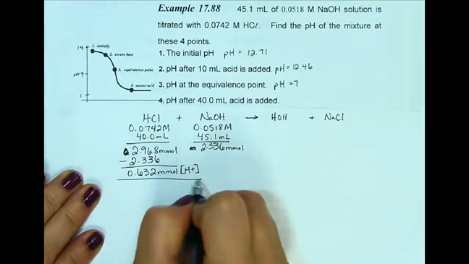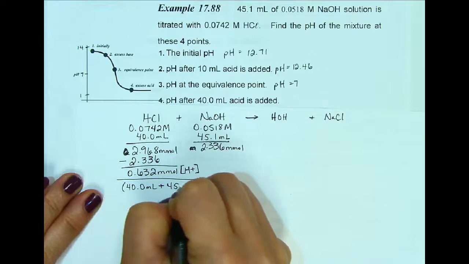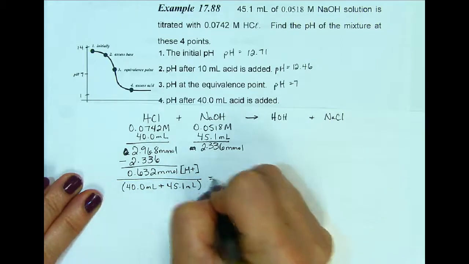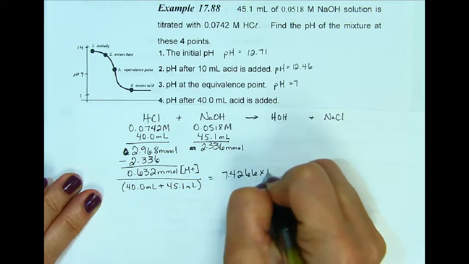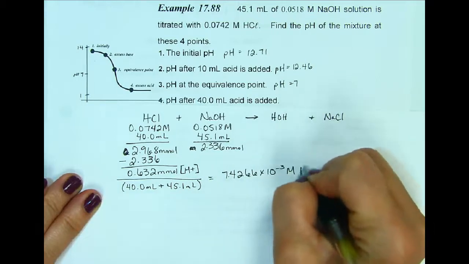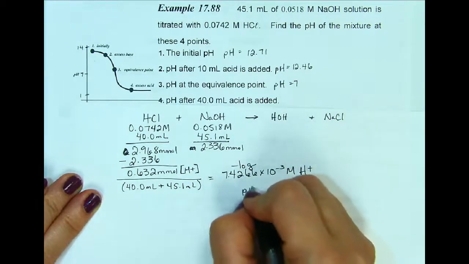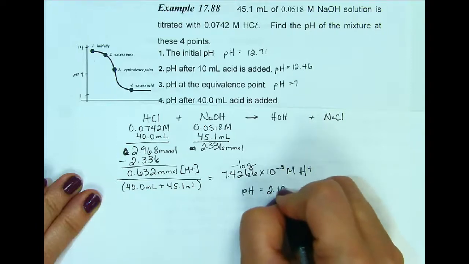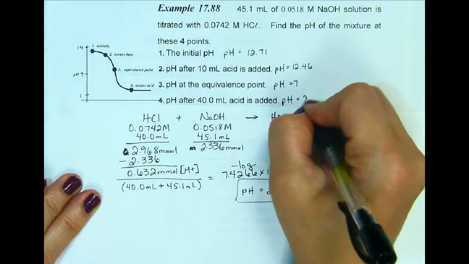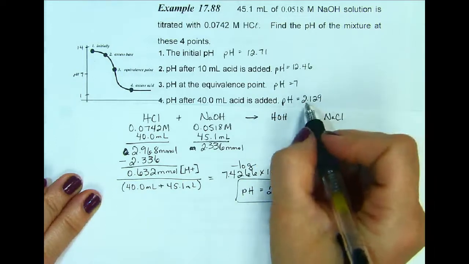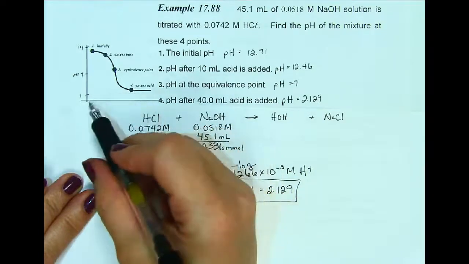And so now I'm going to divide it by the total volume, 40.0 milliliters plus 45.1 milliliters, and this is going to give me a molarity of 7.4266 times 10 to the negative 3, and that's the molarity of the hydrogen ion concentration. If I take the negative log of this, then I get a pH equal to 2.129. And of course that makes sense because we're at excess acid, so we should have a relatively low pH.